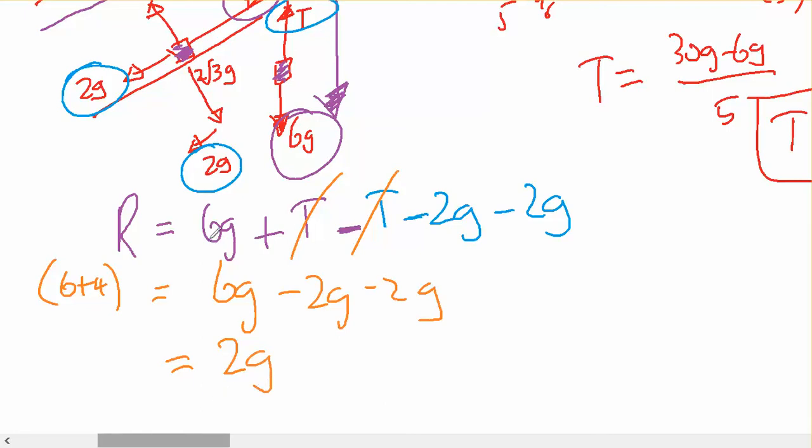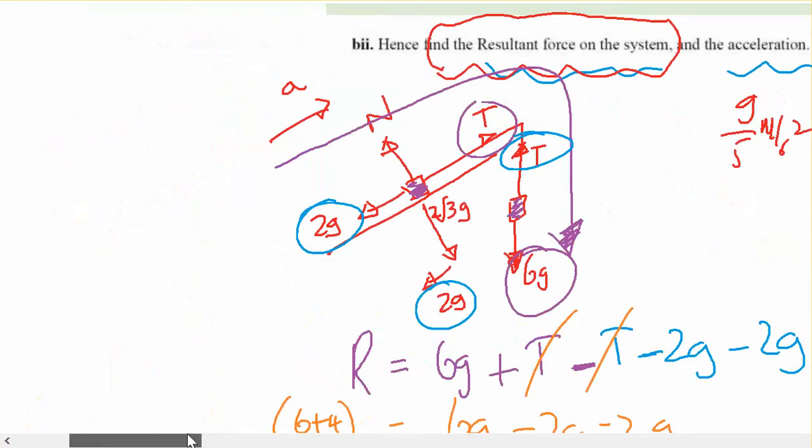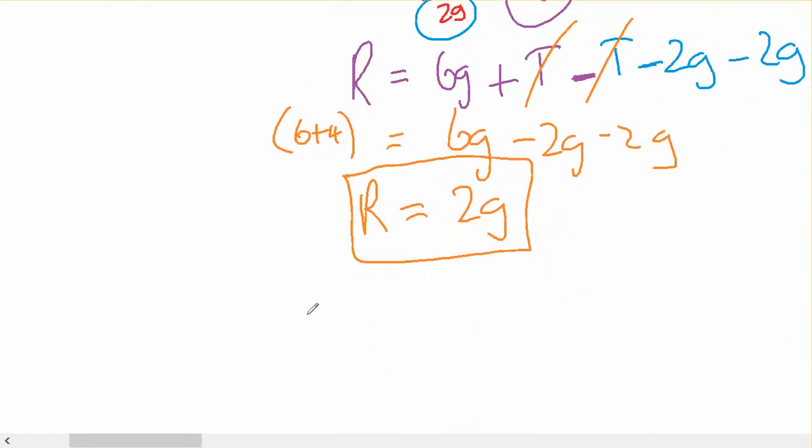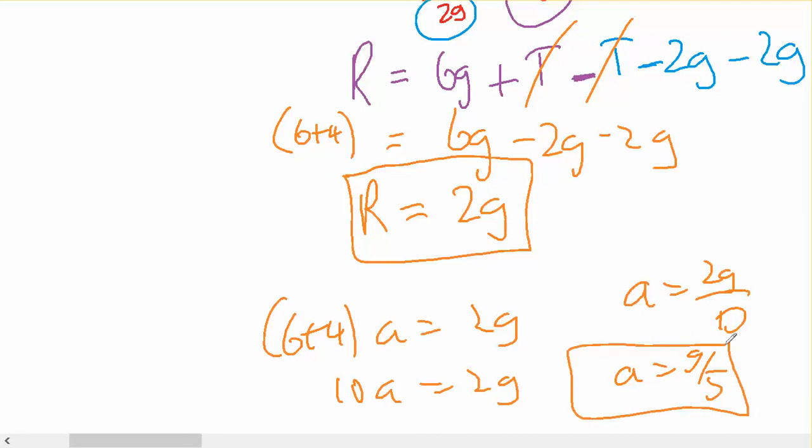So all the forces going in one direction minus all the forces going in the opposite. The resultant force of the whole system is 2g. And of course, I can find the acceleration of the whole system, which I know was g divided by 5. I can find that out because 6 plus 4 times acceleration is 2g, 10a equals 2g, a equals 2g on 10, a equals g on 5, same answer.